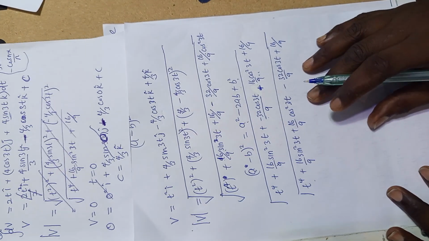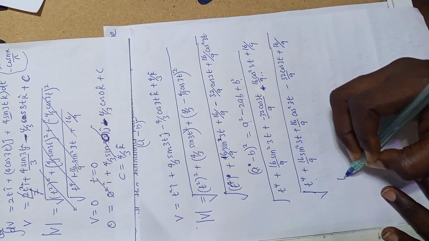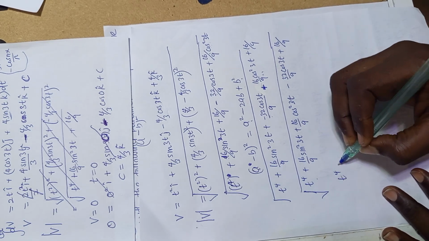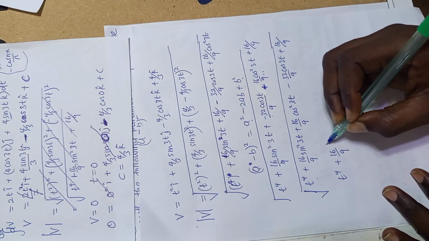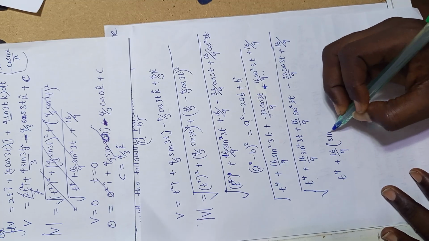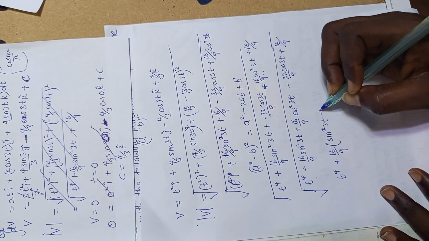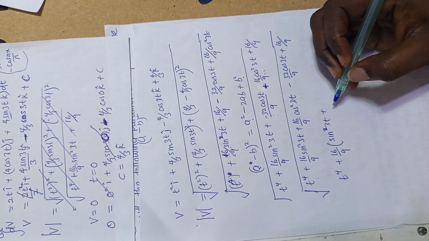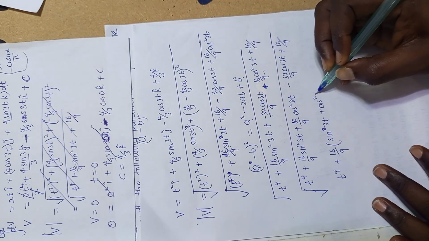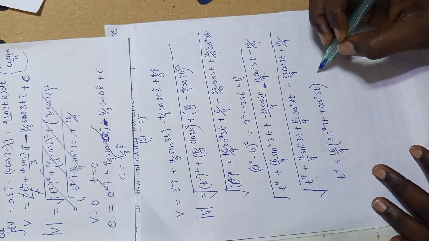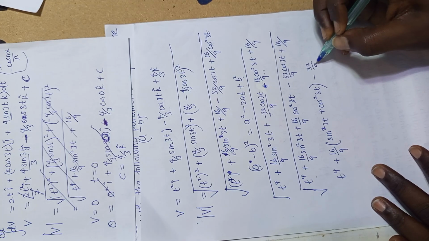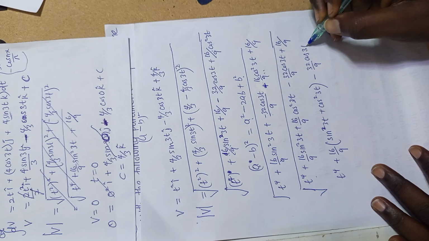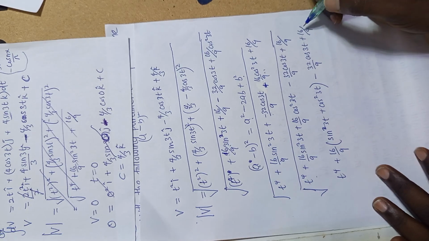So what do we have now? We have t to the power 4. What is common is 16 over 9. What is now sine square 3t plus cos square 3t, minus 32 over 9 cos 3t plus 16 over 9.